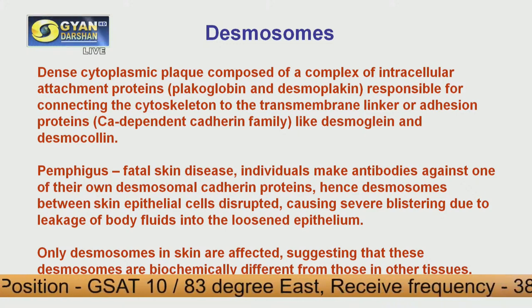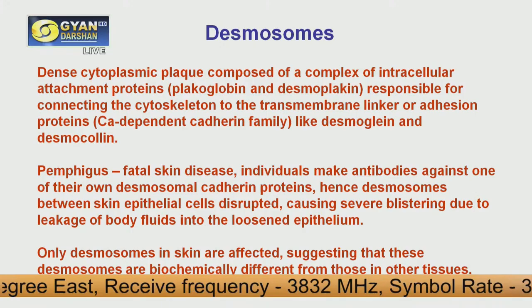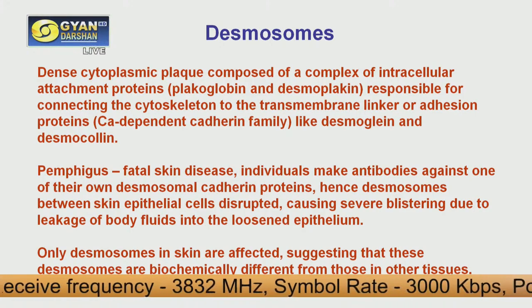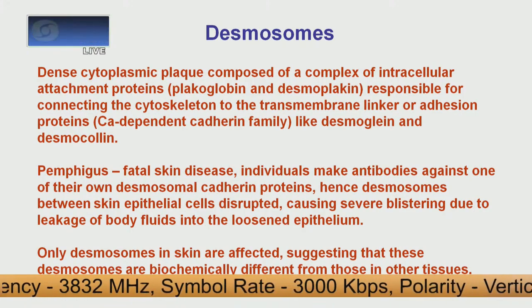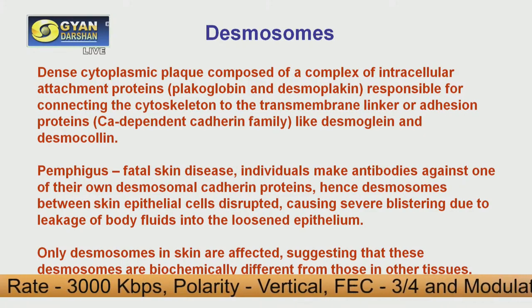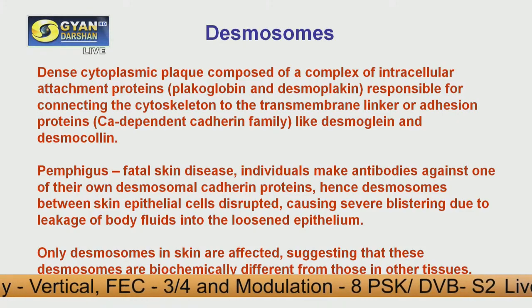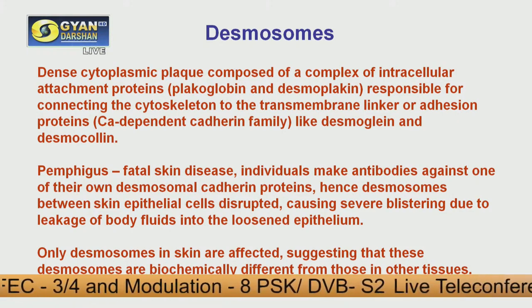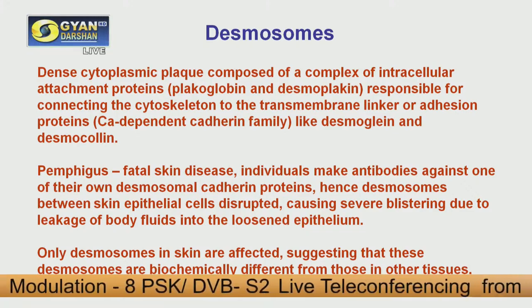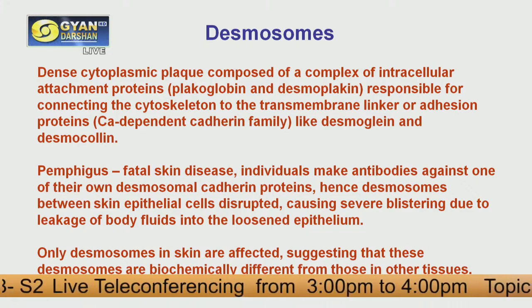It is a skin disease. Skin epithelial cells are destroyed, and therefore there is severe blistering. And there is leakage of body fluid into the loosened epithelium, because your epithelial cells get loosened. Therefore all the vital body fluids are leaked out of the body, because there are blisters in the skin.